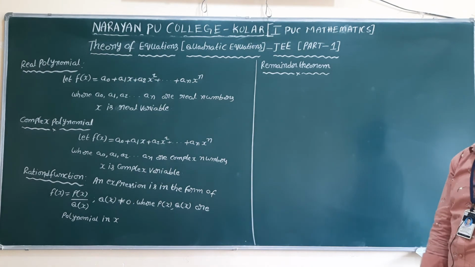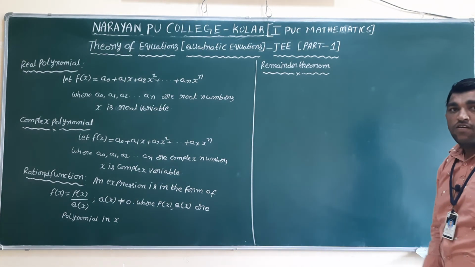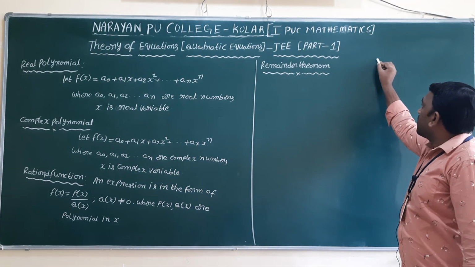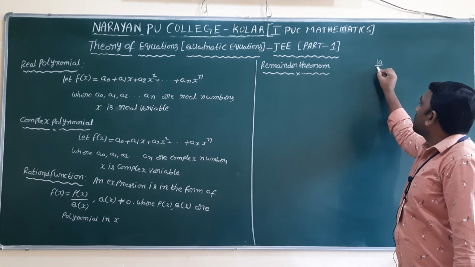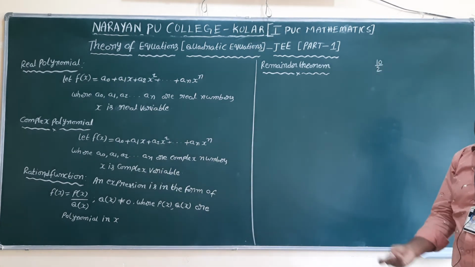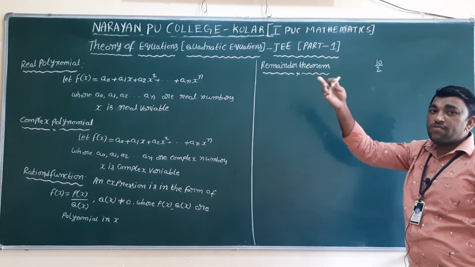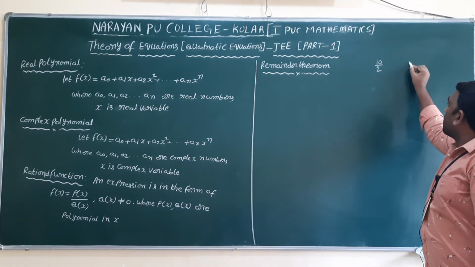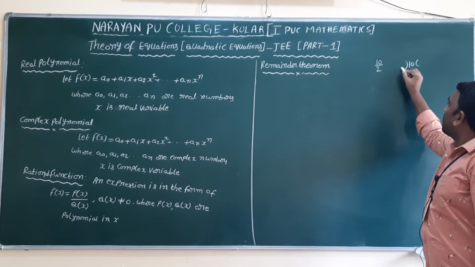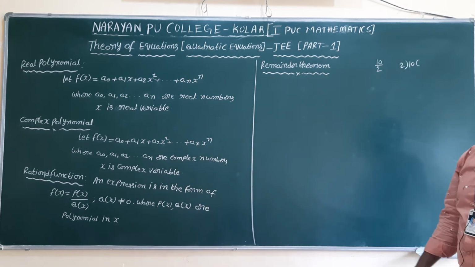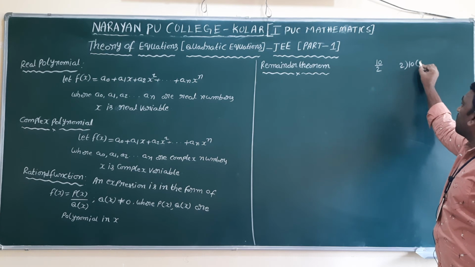Before defining it, we'll take a simple example. Suppose 10 by 2 is there. Generally we know the value of 10 by 2 is 5. But based on the remainder theorem, how do we discuss it? 10 divided by 2: how many times will it cancel? 5 times.